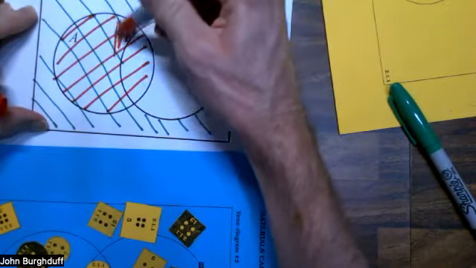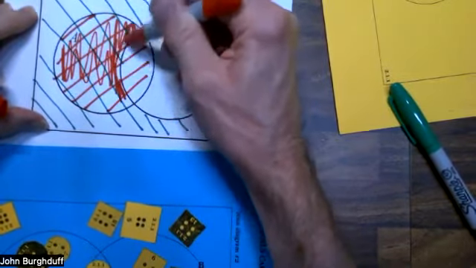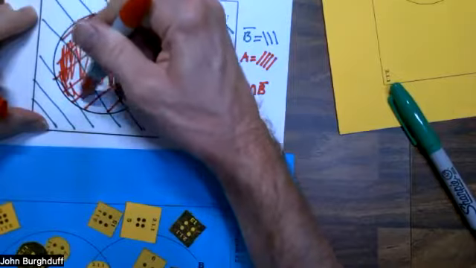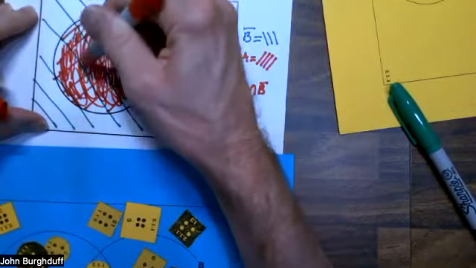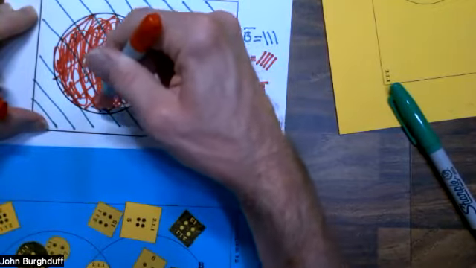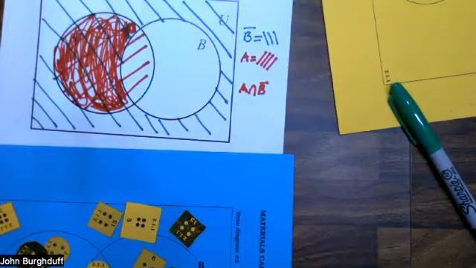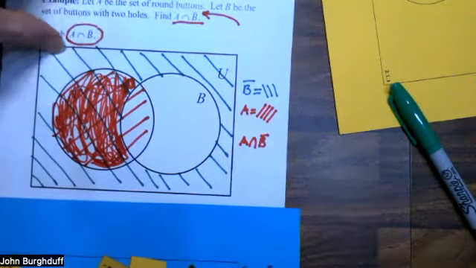And then I might go in and color that in a more pronounced way to really illustrate that that's the region I'm concerned with. A intersection B complement.